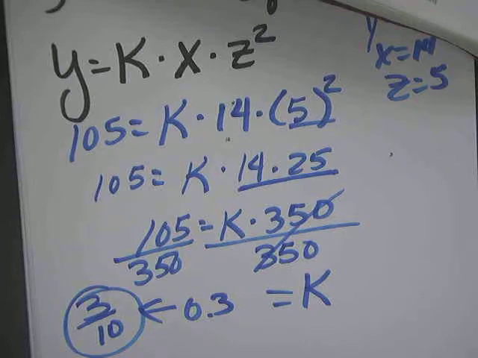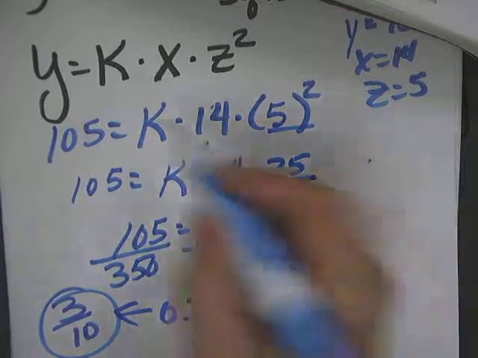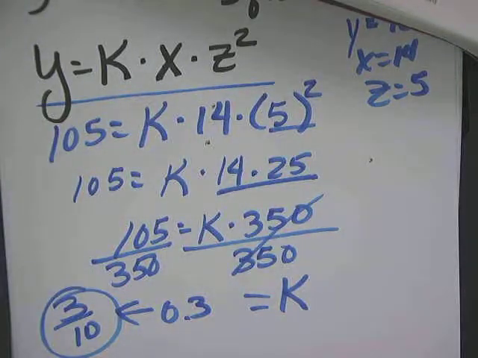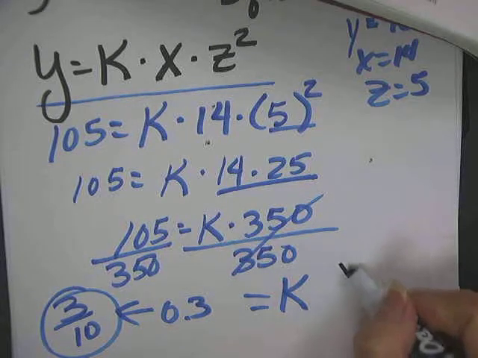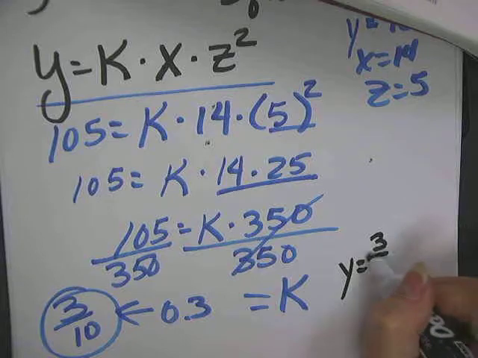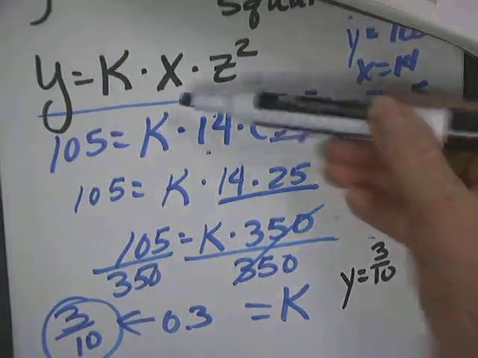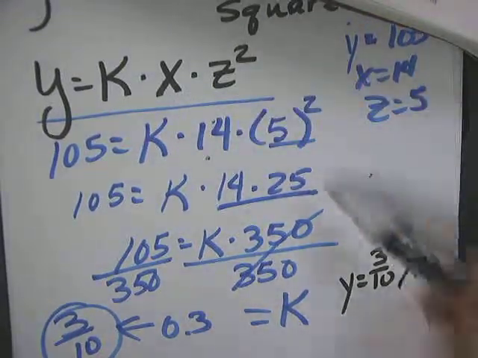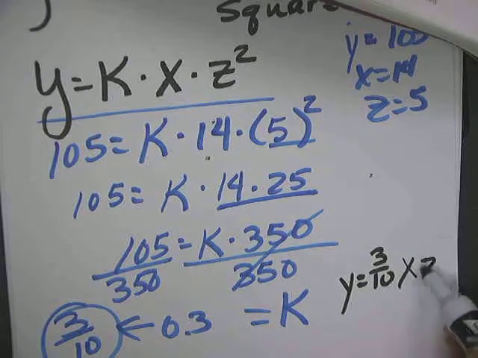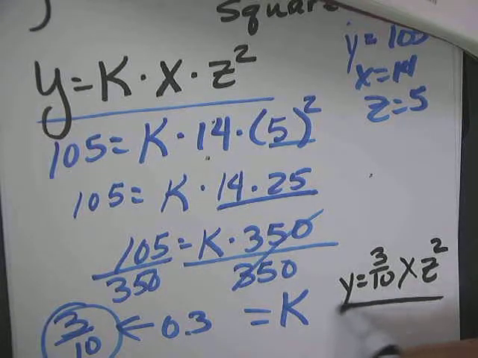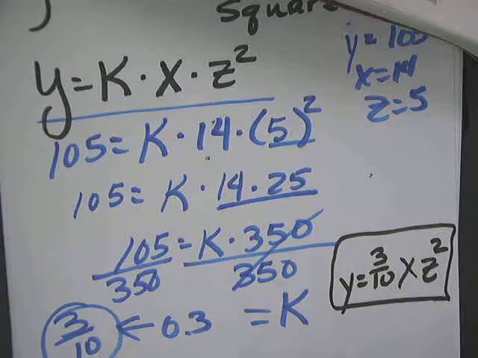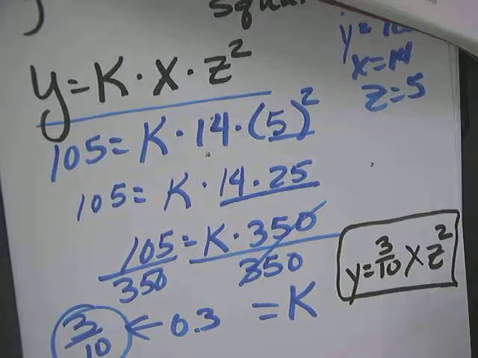Fourteen times 25 is what? 350. So divide by 350, it's not going to come out exact, is it? 0.3. We don't want a decimal though, we want a fraction. 0.3 is 3/10, right?